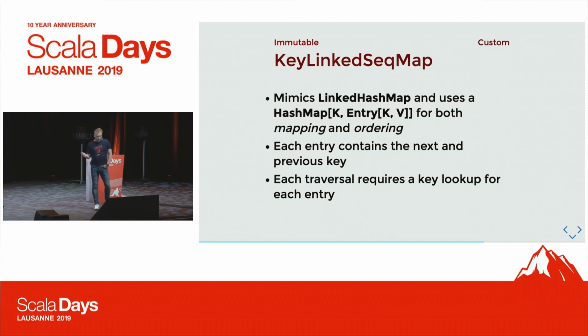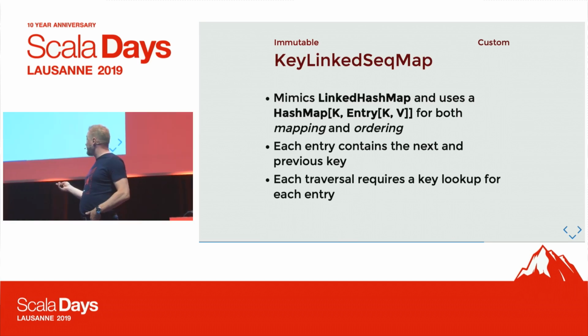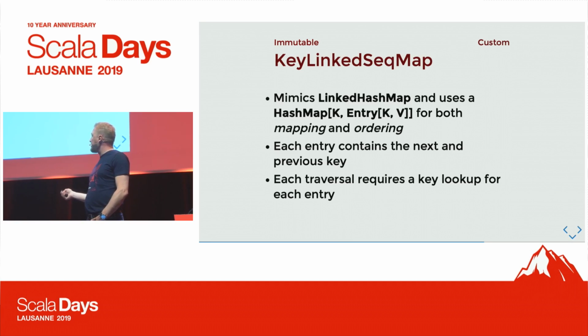And then we have another one. And this one is a bit special because this isn't one mapping and another ordering. This one instead mimics the LinkedHashMap. And so it's only a hash map, but instead of having the regular entries up here, it has an entry that also keeps the key of the previous and the next entry. So the difference towards the mutable ones is that the mutable one has a pointer directly to the entry.